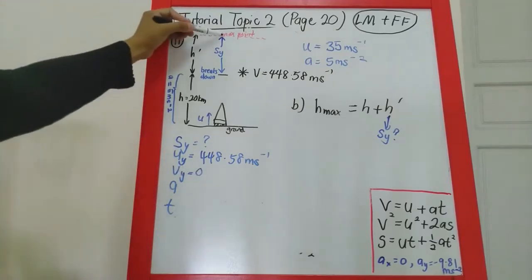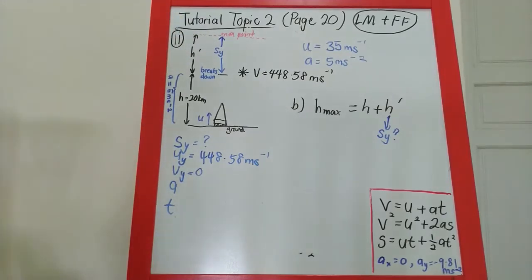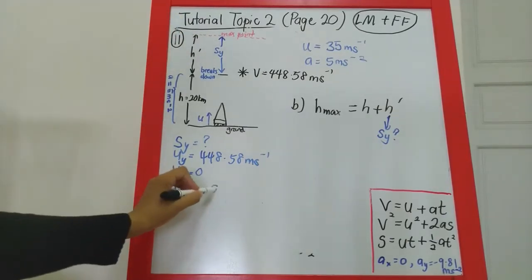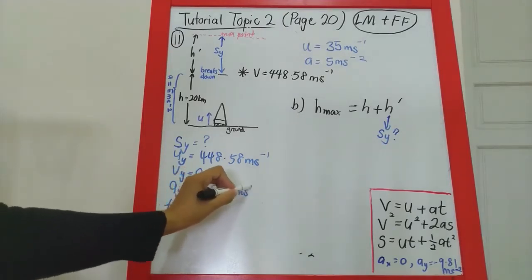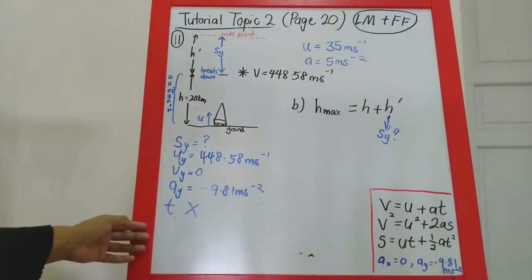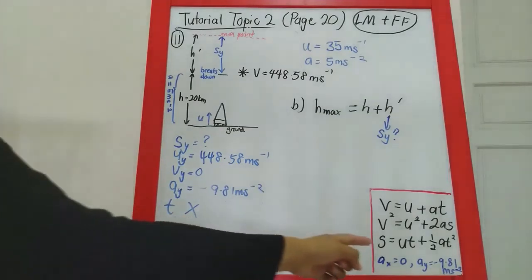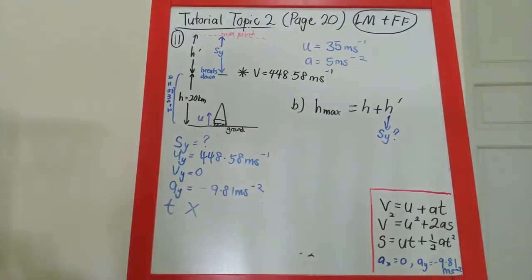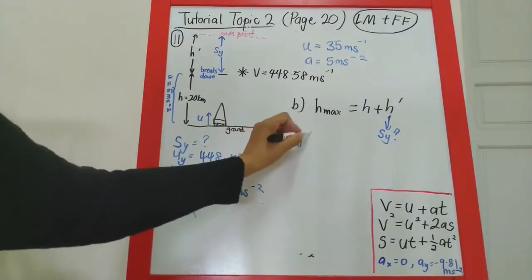Why? Because at maximum point, Vy equals 0. Ay is negative 9.81. Time, we don't have any information. Doing the SUVAT analysis, you know that we don't have time, so don't use the equation with time. We use the second one, which is v squared.